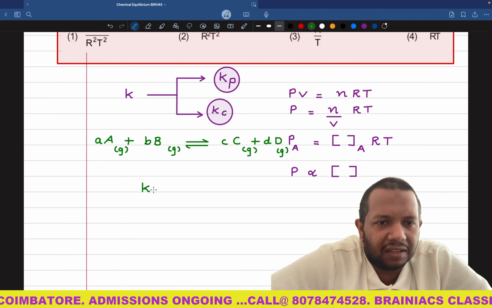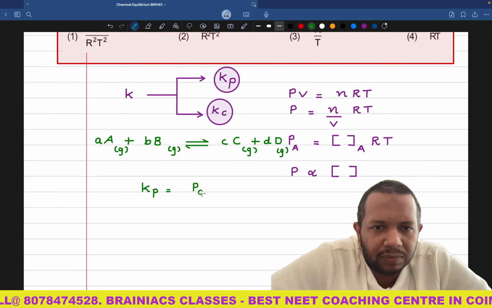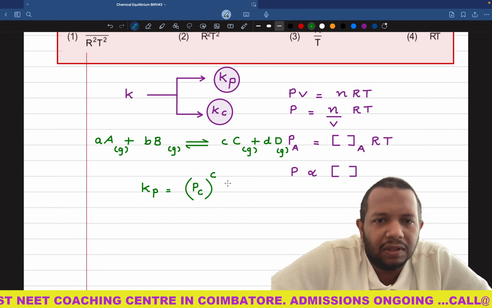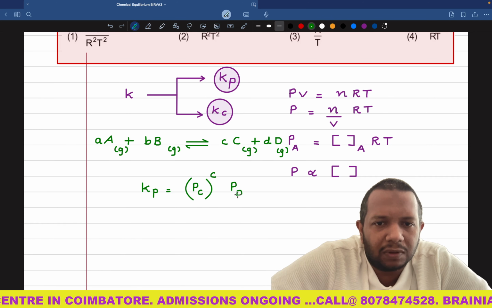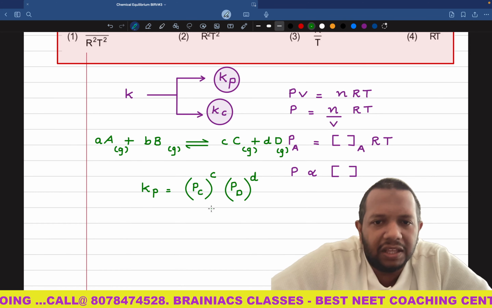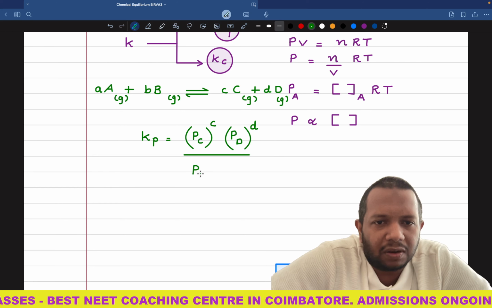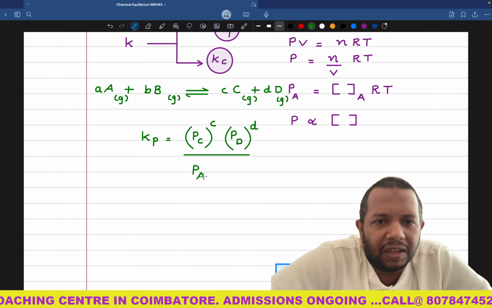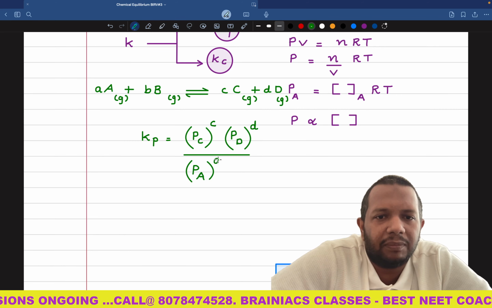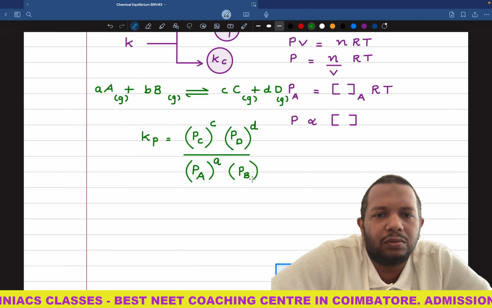Kp is equal to the partial pressure of C whole raised to its coefficient c, and the partial pressure of D whole raised to its coefficient d, divided by the reactants: the partial pressure of A whole raised to the coefficient a, and the partial pressure of B whole raised to b.